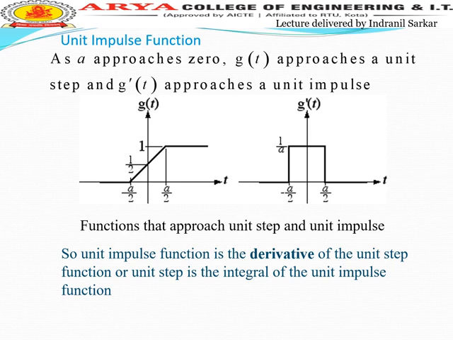Now on the right side we see g'(t), which is the unit impulse. Here it is a pulse signal from minus a by 2 to plus a by 2, but its height becomes 1 by a. That means here we are representing functions that approach the unit step and the unit impulse. So the unit impulse function is the derivative of the unit step function, or the unit step is the integral of the unit impulse function.